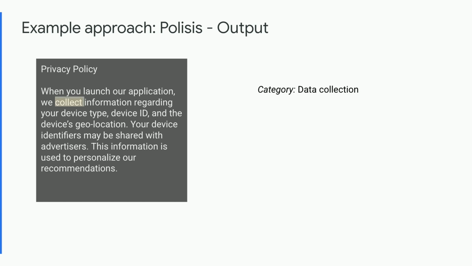First thing is that they got the word collect in there. So the category gets assigned data collection. The data type is assigned location. You can see geolocation there in the segment. And finally, the purpose is assigned personalization. So each segment can get multiple categories and so on.